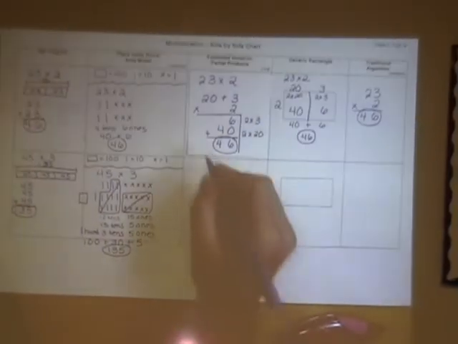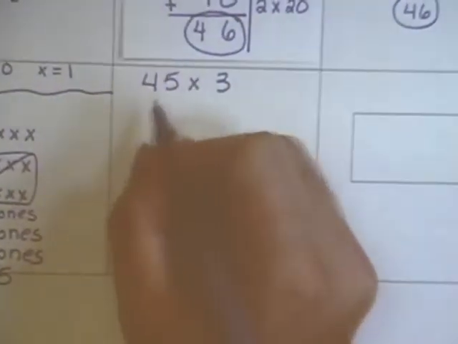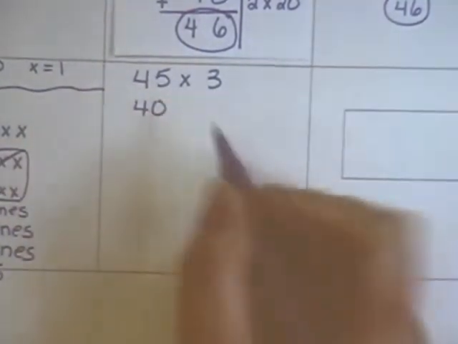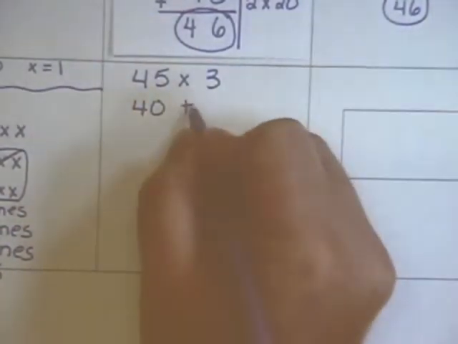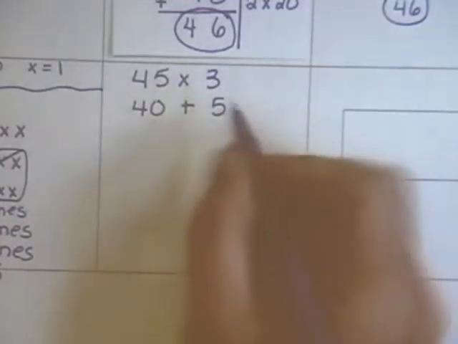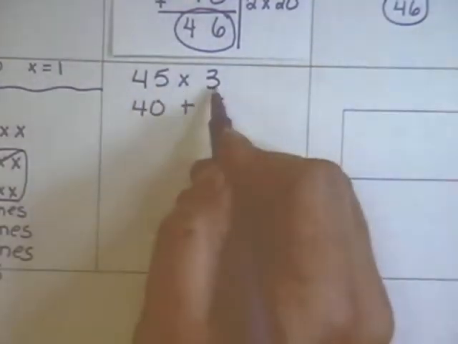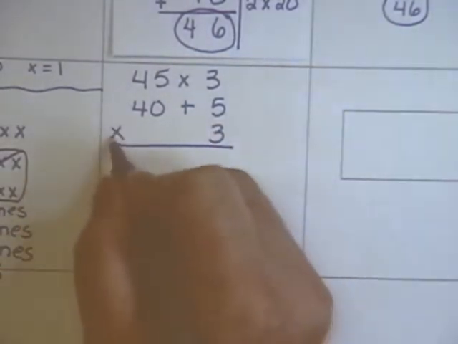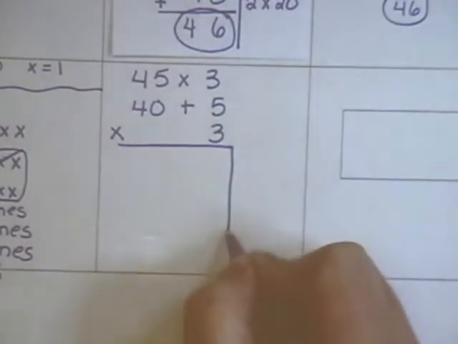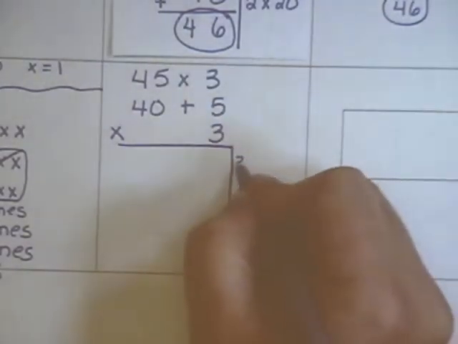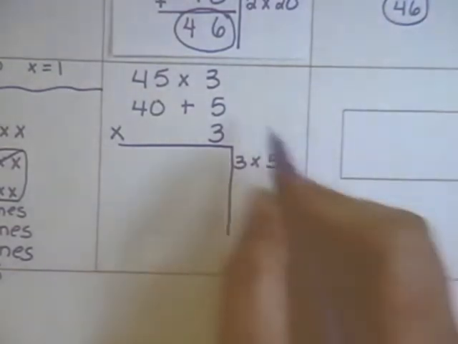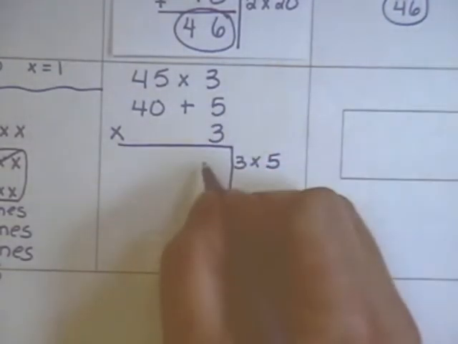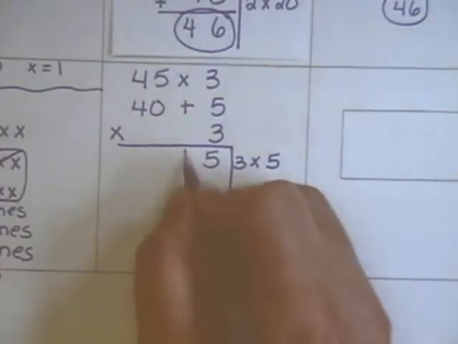All right, let's look at 45 times 3 in expanded notation. The 4 digit in the 10 spot represents 40, and the 5 digit in the 1 spot represents 5. I need to take 45 and times it by 3. My first step is to say 3 times 5. 3 times 5 is 15.